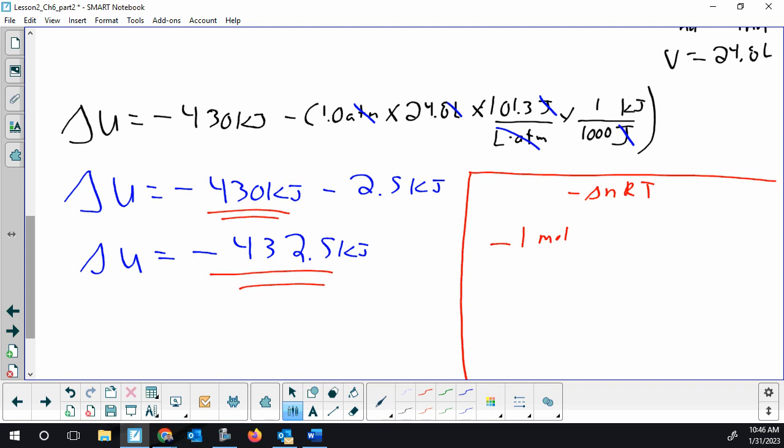Okay, times R, 8.31 joules per mole per Kelvin, times our temperature, 298 or 298.15, and you get to 2 sig figs, the same.